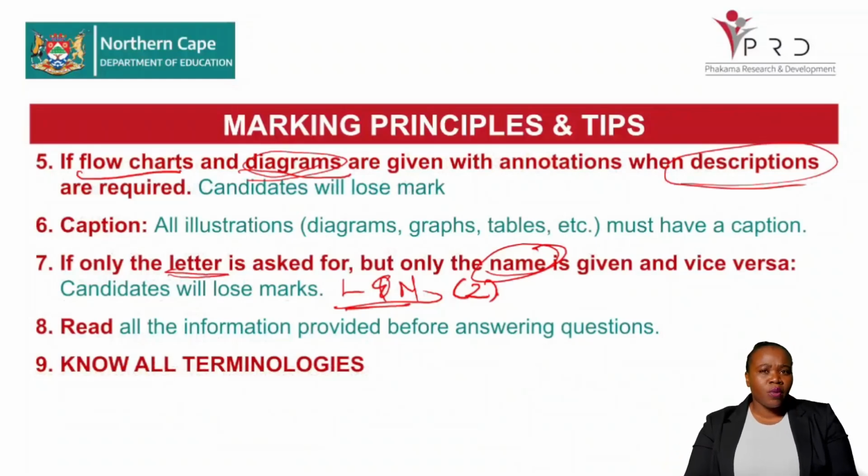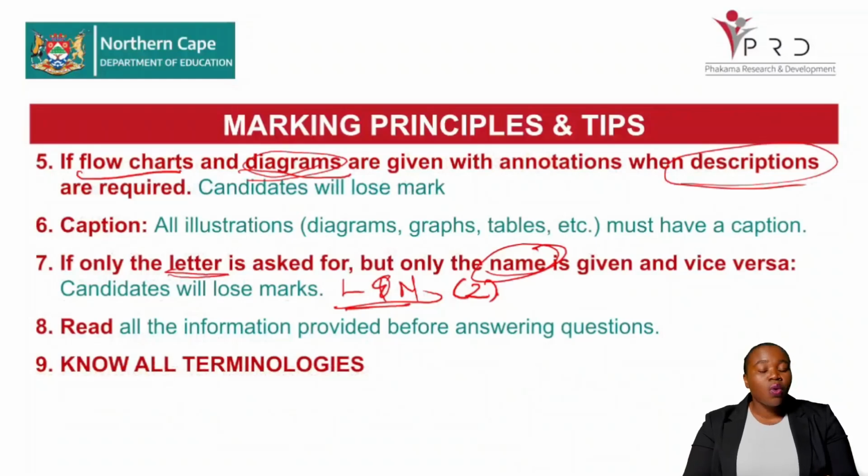For example, when you are drawing a graph, or looking at an investigation question, the information there tells you what the independent variable and the dependent variable are. If you have not read that, you would lose marks. So make sure that you read so that you get the relevant information from that small paragraph at the beginning of your question.